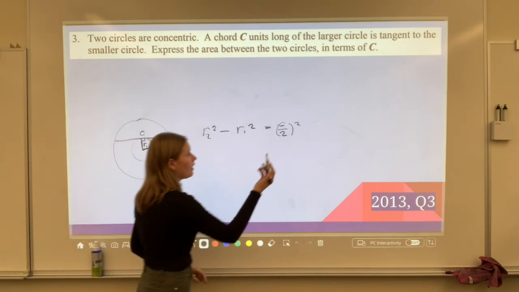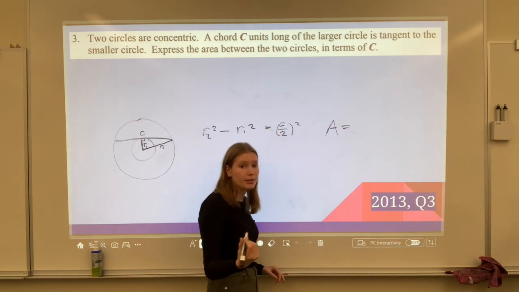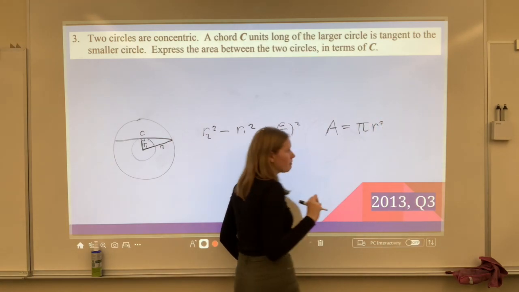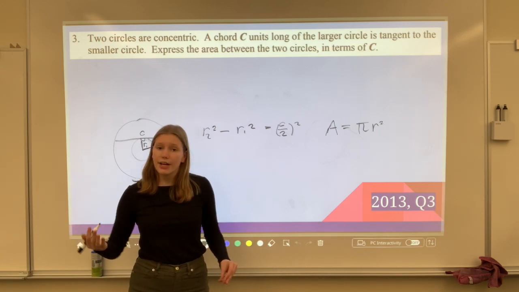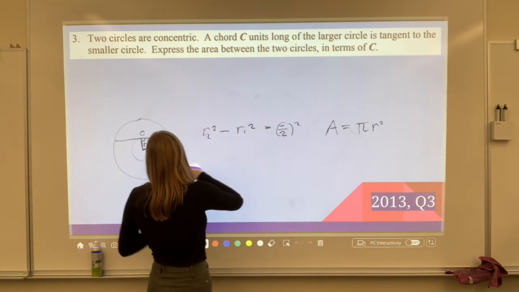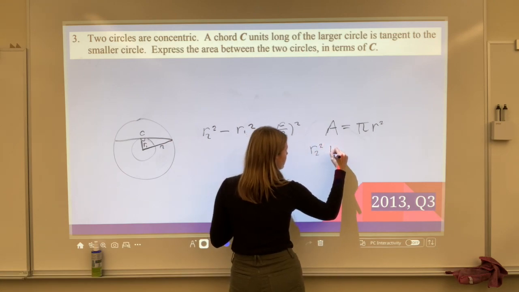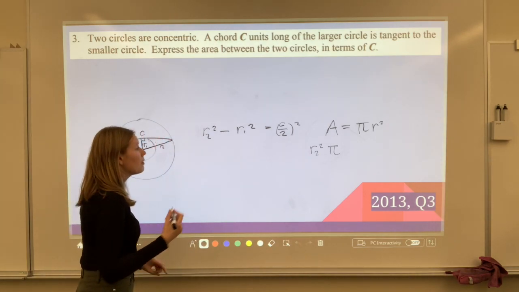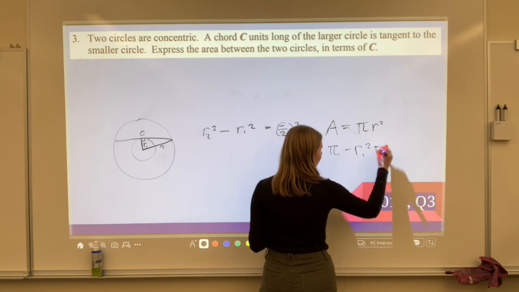We know that the area of both of these circles is equal to the formula area equals pi radius squared. So if we're comparing the areas of these two circles, the area of the larger one is R2 squared times pi, and then since we're finding the difference, the area around it, minus R1 squared pi.